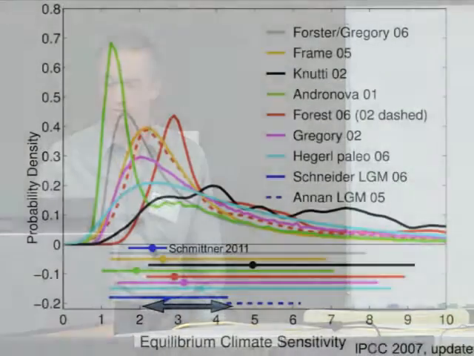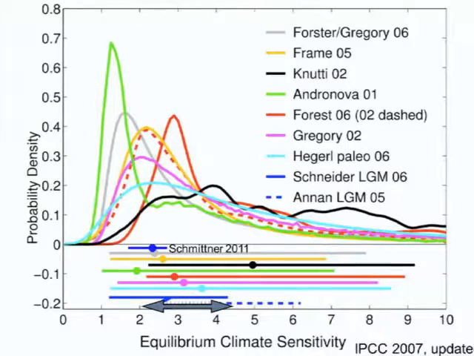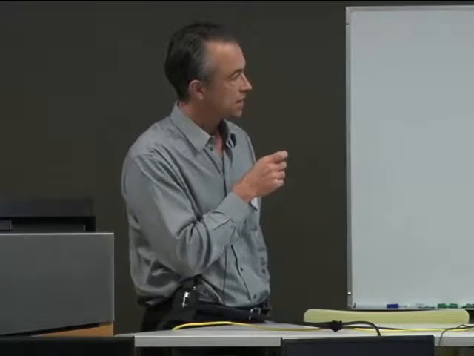I'd also note that just very recently, another last glacial maximum study was published for sea surface temperature. There's a very small and lower climate sensitivity. It could be that that's a better way to estimate climate sensitivity, and that we are that we optimize. Yes.